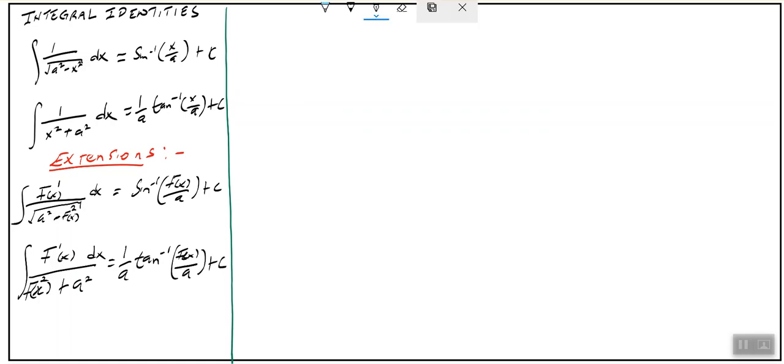So these are extensions that make it easy to solve complicated questions using this identity.